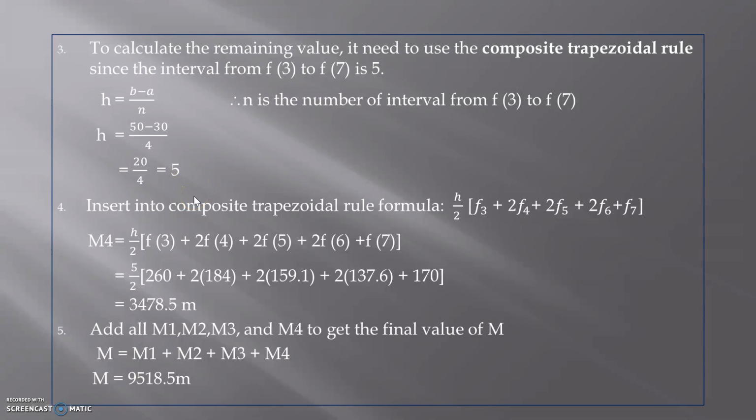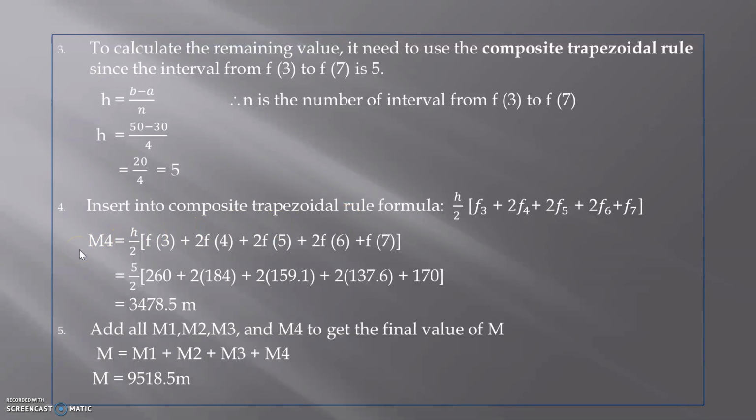So from h, we use the composite trapezoidal rule formula, where the formula given is h/2 times function of 3 plus 2 function of 4 plus 2 function of 5 plus 2 function of 6 plus function of 7.